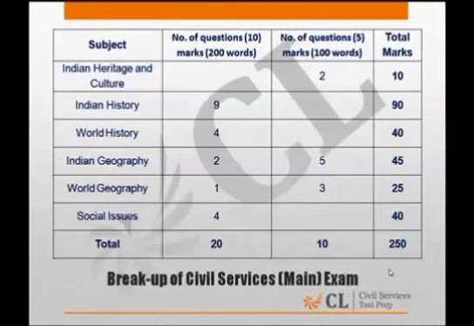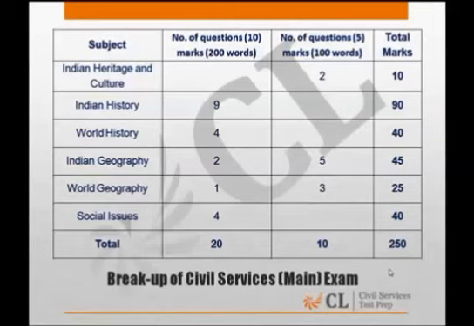So 2 questions from Indian heritage and culture, 10 marks total, 9 questions from Indian history for which the marks are 90, 4 questions from world history eventually fetching 40 marks, Indian geography 2 questions 45 marks, and 2 questions of 200 words and 5 questions of 100 words.